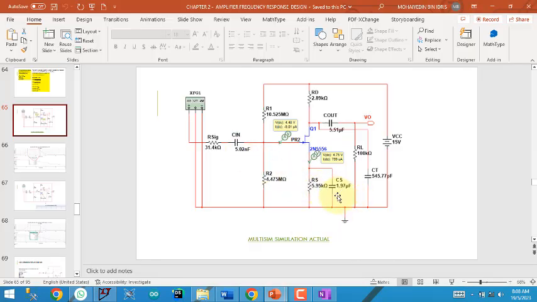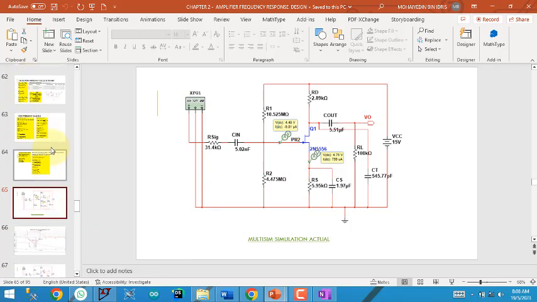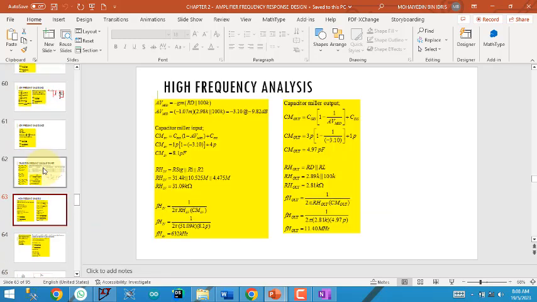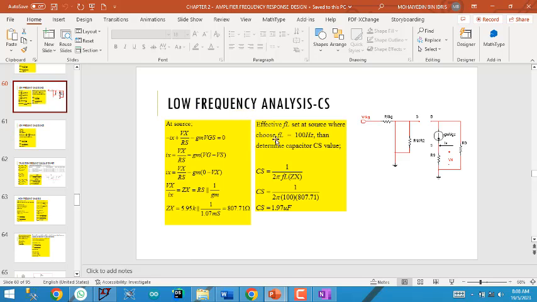So we check the source capacitor, we set 1.97 microfarad.